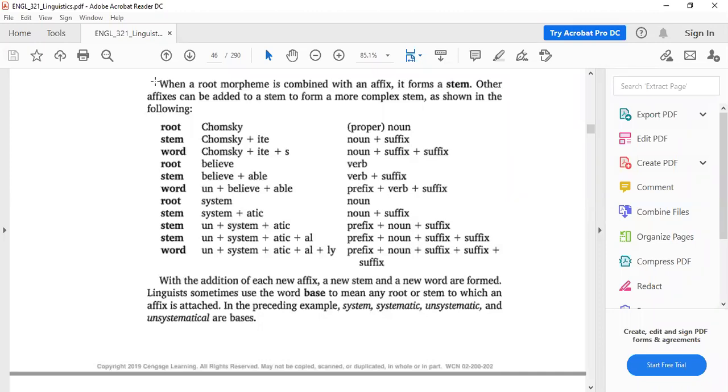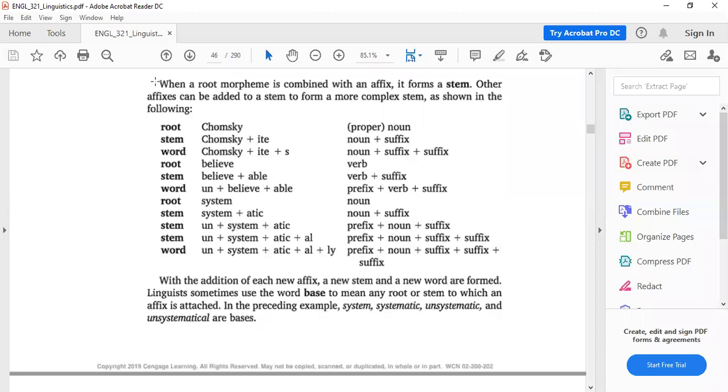If we say believable, it becomes what? A stem. If we add a prefix and a suffix, it becomes a word. Unbelievable. And the best example is system. System is the root. We don't have a smaller part.